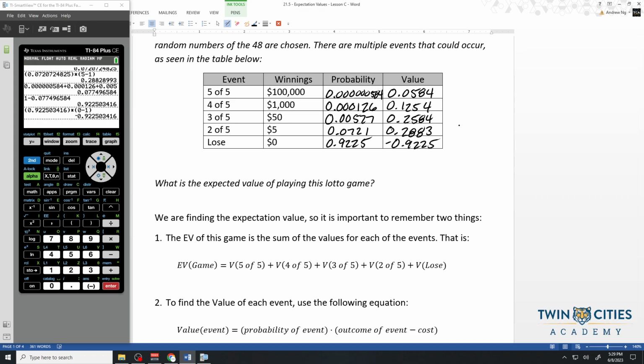So now to find the EV, the expectation value of the game.